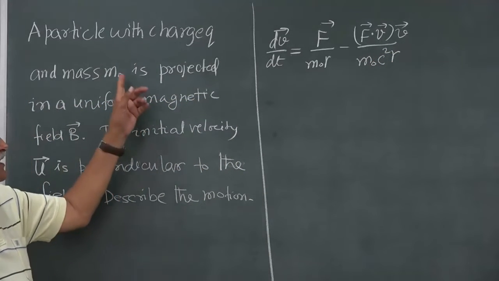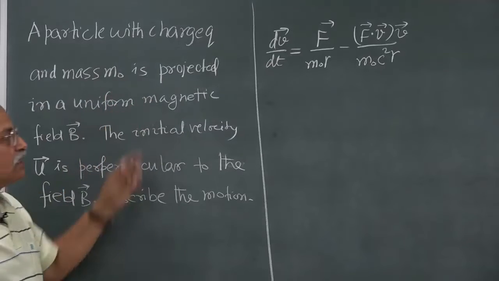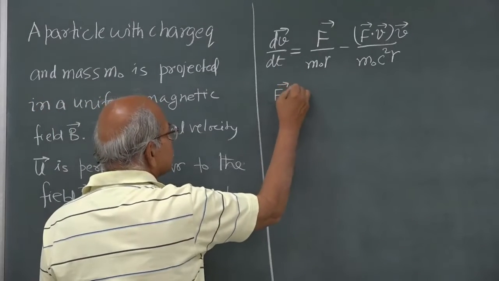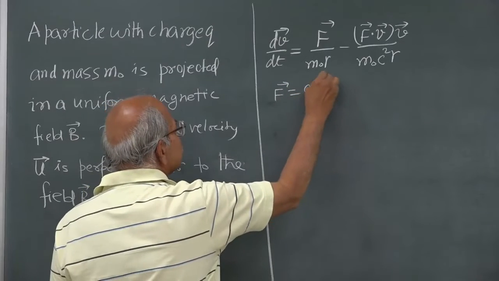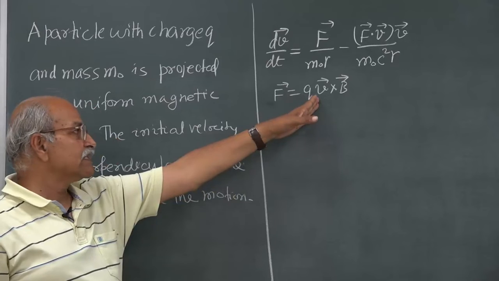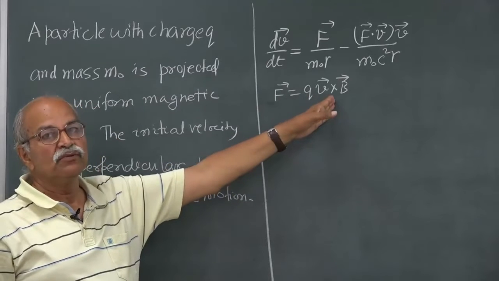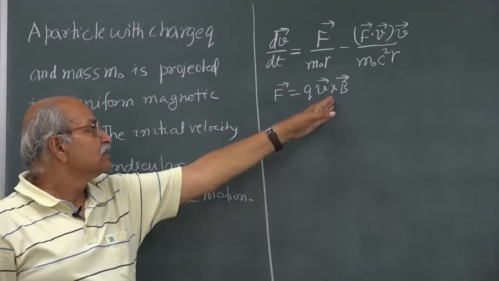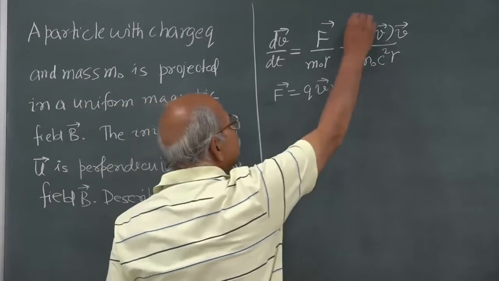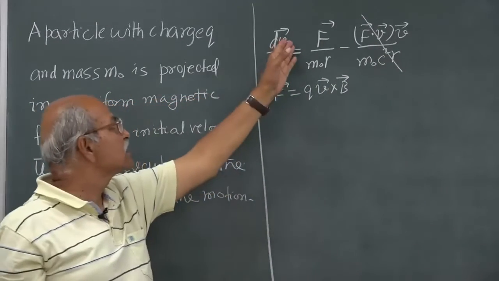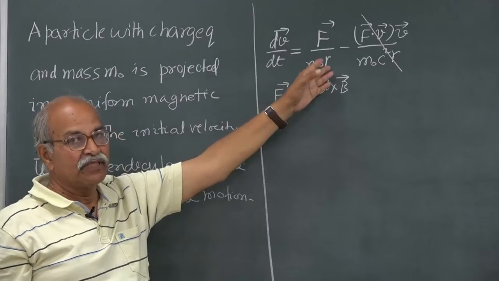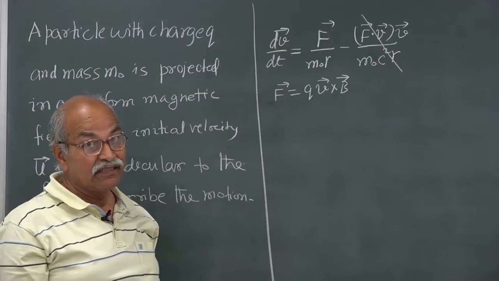In this case it is a charged particle in a magnetic field, so the velocity and force are perpendicular all the time. F is q v cross B. Since force is perpendicular to velocity, this term will be 0, and you will have a simple relation dv dt is f divided by m naught gamma. That is one great simplification.